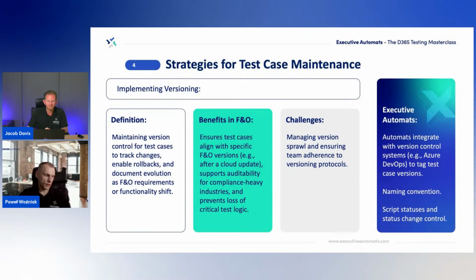If we don't have a trace that some changes were made to the test case, we never know if the changes from requirements were implemented in the test case at the end. We don't know what happened in the past, how the test case was changing, so we can never go back through all the changes.